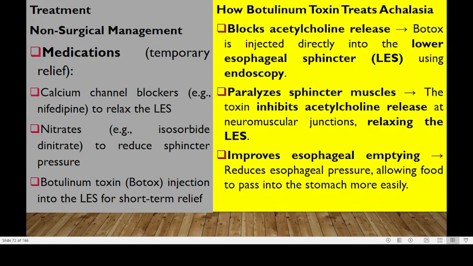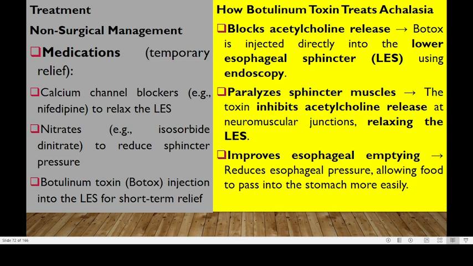In terms of treatment, we could use calcium channel blockers like nifedipine, which is normally used to relax the lower esophageal sphincter. We also use nitrates like isosorbide dinitrate, which will help reduce sphincter pressure. And lastly, we have botulinum toxin. Botulinum toxin blocks acetylcholine release, and it is injected directly into the lower esophageal sphincter during endoscopy.